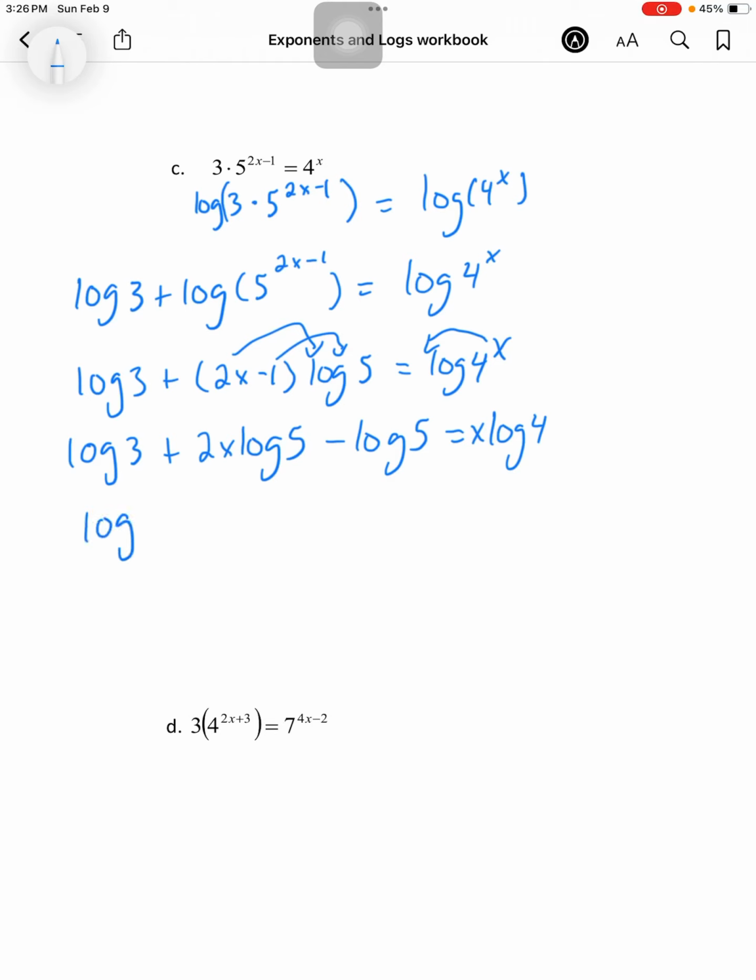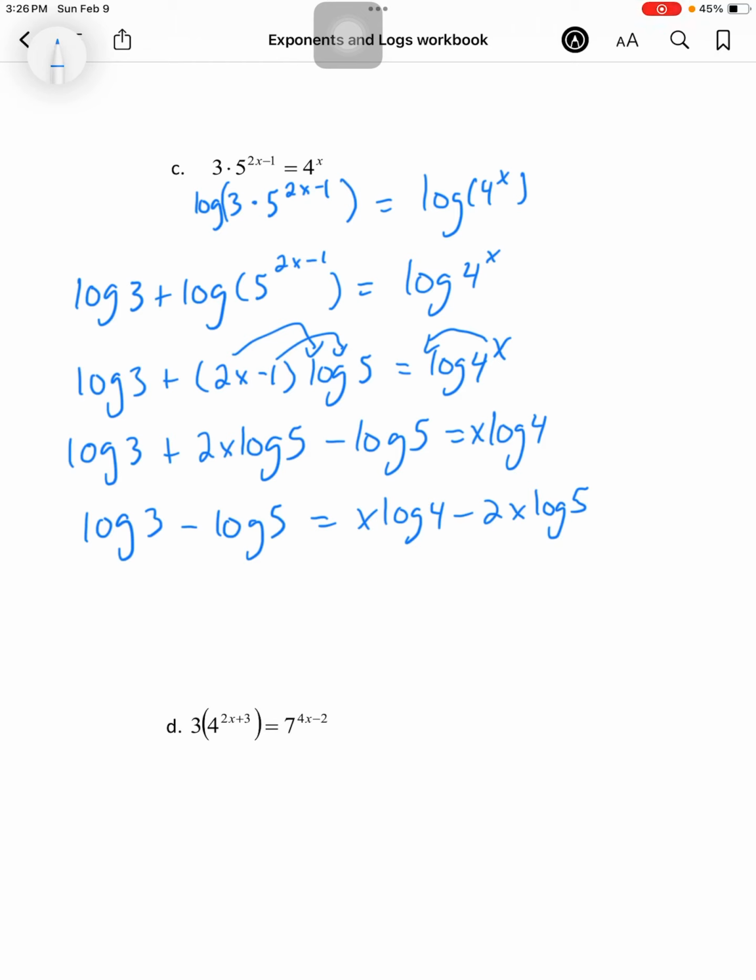So log 3 minus log 5 equals x log 4 minus 2x log 5. It doesn't really matter which side you move the x's on. For me, the reason why I moved it to the right side is because both of my non-x terms are on the left side already. So I just took a second to think about it. But it doesn't really matter. You should get the same answer in the end.